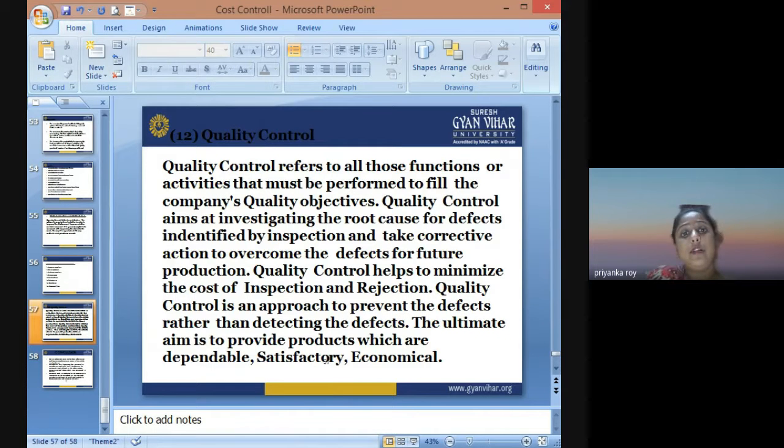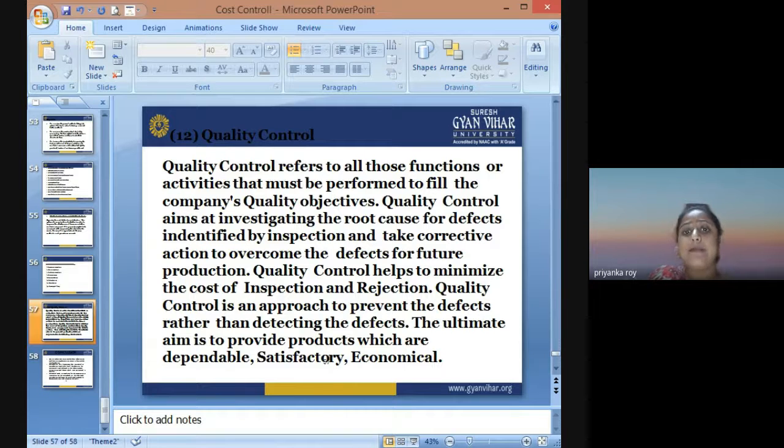Quality control refers to those functions or activities that must be performed to fulfill the company's quality objectives. Quality control aims at investigating the root cause of defects identified by inspection and taking corrective actions to overcome the defects in future production.